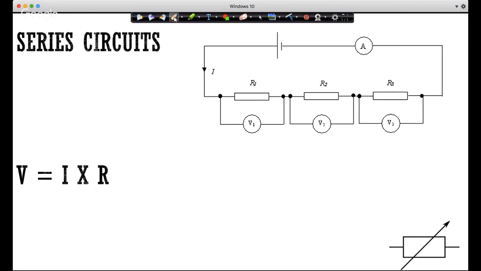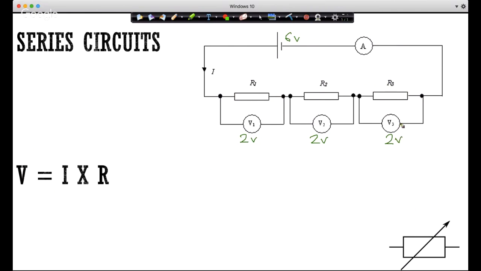Okay, voltage is slightly different in this type of circuit. So voltage will have to get shared. Let's say we've got a 6 volt battery. The voltage is going to get used up, or split, between the resistors here. So if we've got 3 resistors, we're going to have a voltage across each one of 2 volts. That's because the electrons are carrying energy and delivering some energy to each resistor.